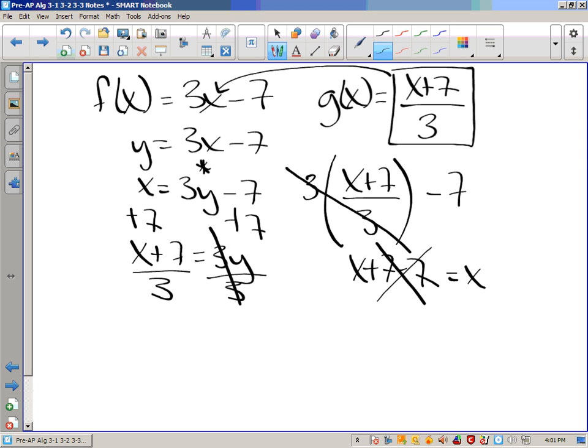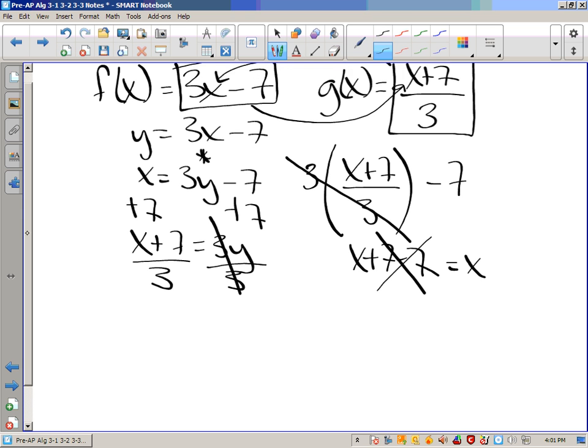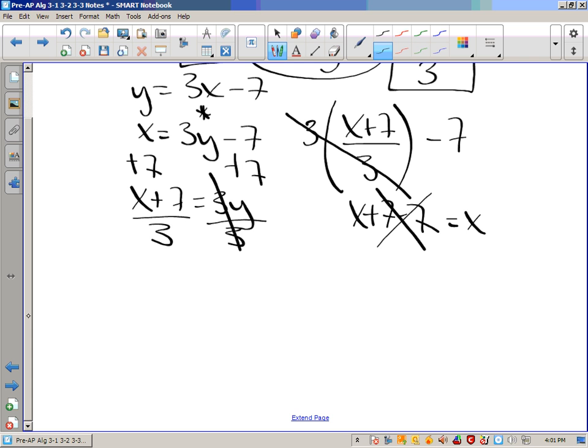If you were to do it the other way, where you put 3x minus 7 in for the x here, you should get the same thing. So I would do 3x minus 7 plus 7 and then divided by 3.